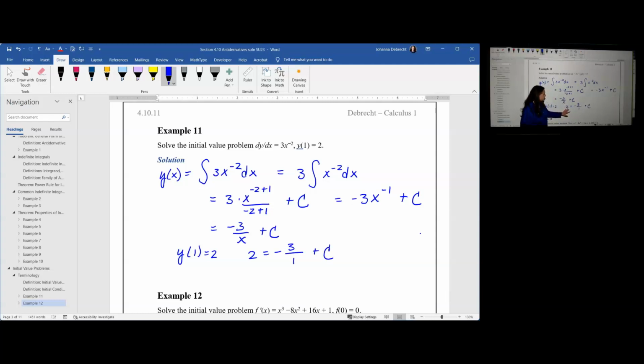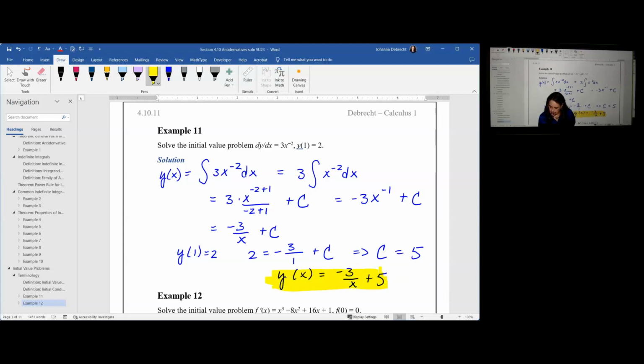In this case, it leads to 2 equals negative 3 plus constant. And if I add the 3 to both sides, I get that my constant of integration must be a positive 5. Because it's a positive 5, I can rewrite my equation, the antiderivative function, as negative 3 divided by x plus 5. This is the specific antiderivative for this situation that passes through the point (1, 2).